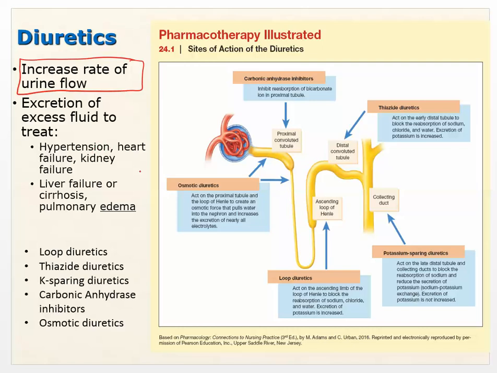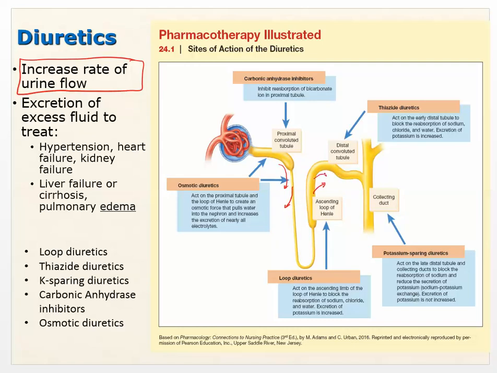Hypertension, heart failure, kidney failure, if your kidneys aren't doing it themselves, if they're reabsorbing too much water, or if not enough water is getting there, then you want to change that. You want to pull the water through here to keep it moving very fast. And I'll do it over here because that's mostly where it happens.